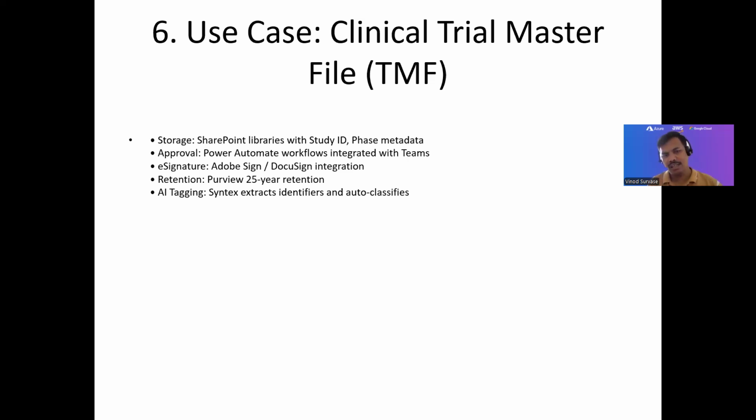So you can see, starting from storage, a SharePoint library with the respective data and details is going to be stored with the respective capabilities, including metadata and document ID, right?